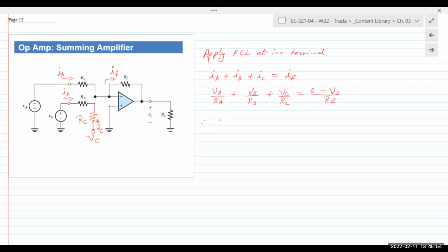So V out, or VO, is equal to minus RF over RA times VA. Actually, that minus sign is outside, so let's keep it outside. Plus RF over RB times VB plus RF over RC times VC.